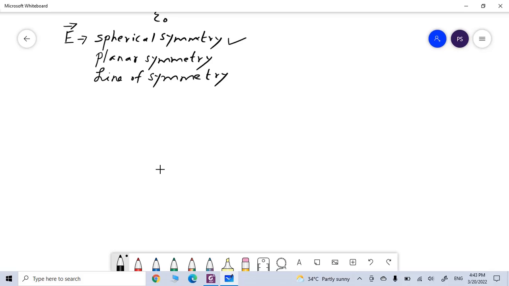Suppose you have a sphere, and the radius of this sphere is, let us say, capital R, and this sphere is charged uniformly on its surface with a positive charge Q. Now we would like to calculate the value of the electric field for small r less than R, that is, at a point having a radius r which is less than R, and then at a point having a radius r greater than R. So let's take a particular point which is outside this sphere.